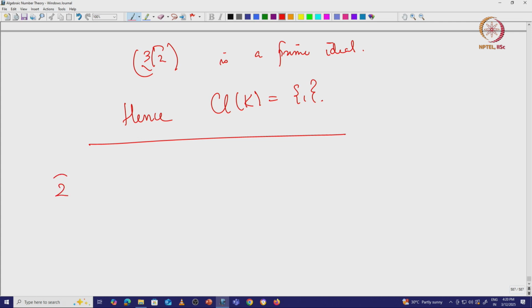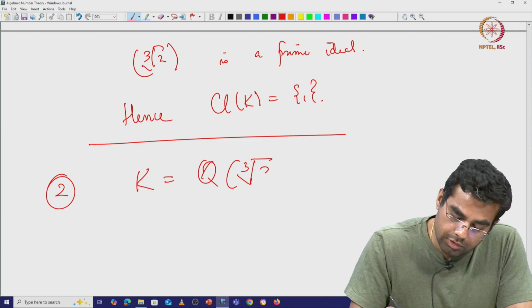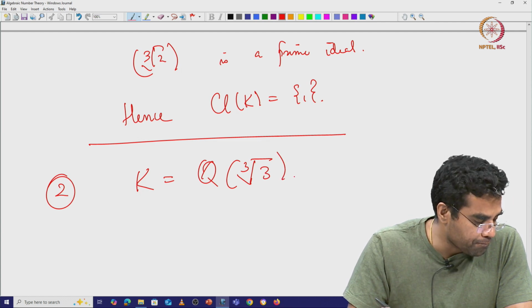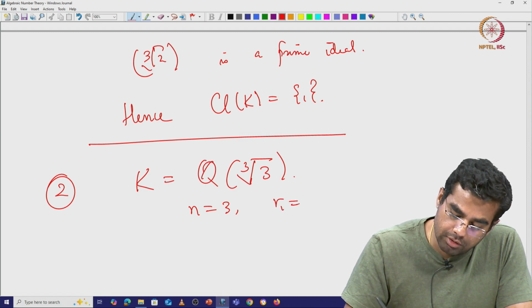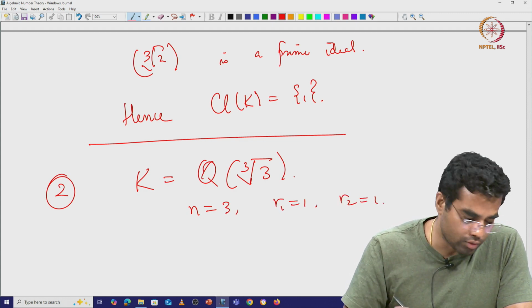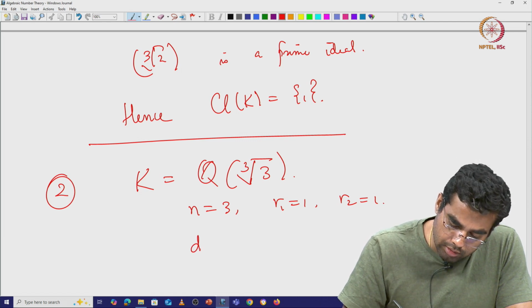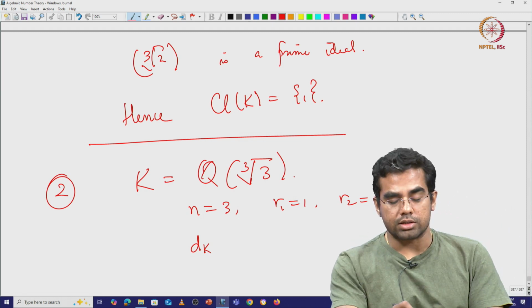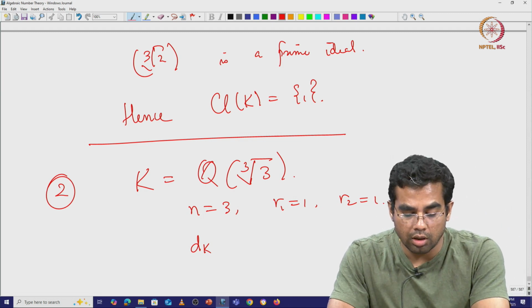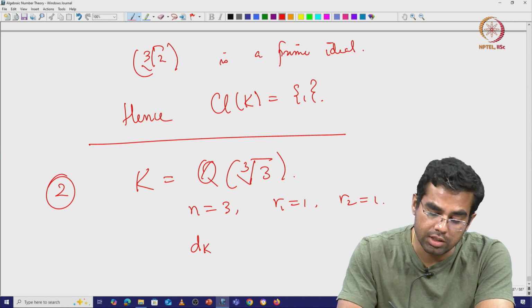So, let us look at another example of this kind. You look at Q of cube root of 3. So, again n is equal to 3, R1 is equal to 1, R2 is equal to 1, and in this case again the discriminant turns out to be 27 into 3 squared.